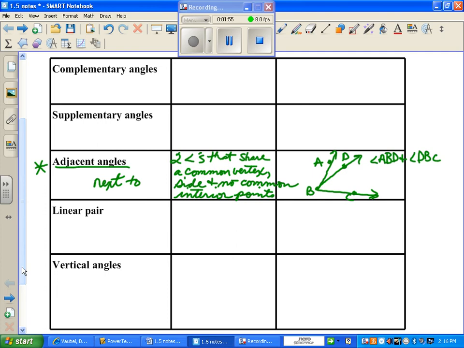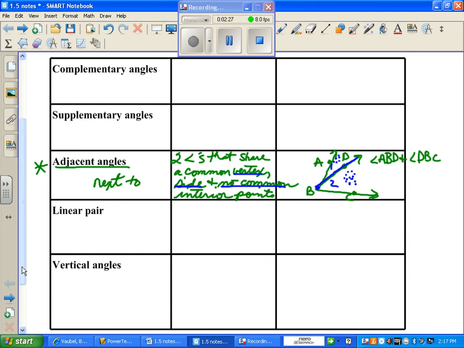I'm going to put numbers in here. This angle 1 and this angle 2 are adjacent. They are next to each other. They have all three parts of this definition working. They have a common vertex, a common side, and the points that are the interior here are not in the interior over here. So they have no common interior points. So you have three parts: common vertex, common side, but no common interior points. All is good on this one.